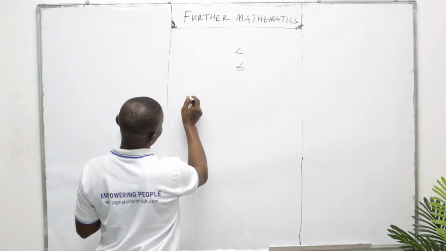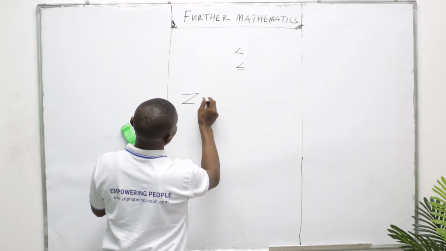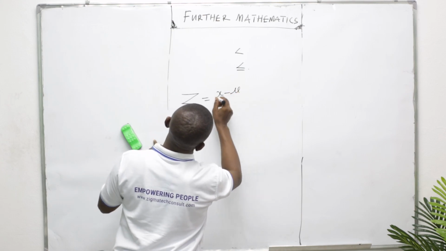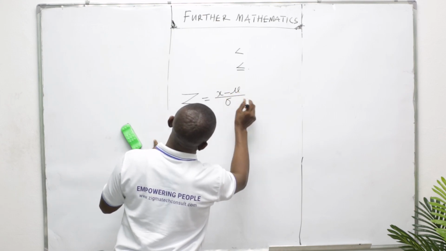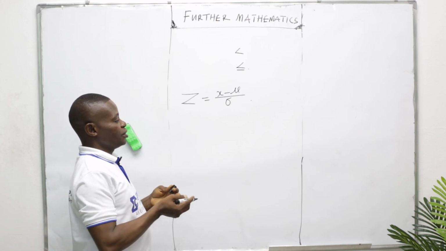Now we are interested to know the proportion of men whose heights are less than 1.77. Don't be in haste. The standard score z equals x minus mean all over standard deviation. Here we don't have z.